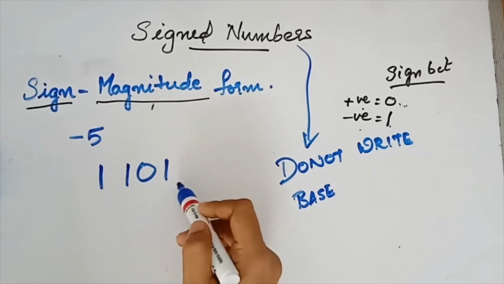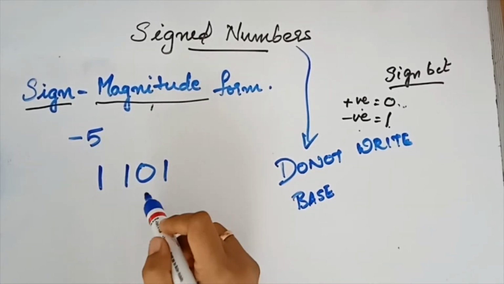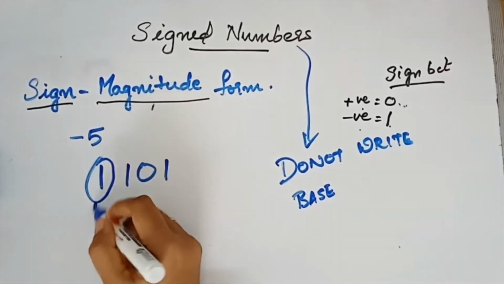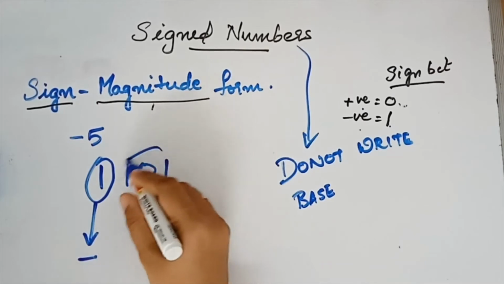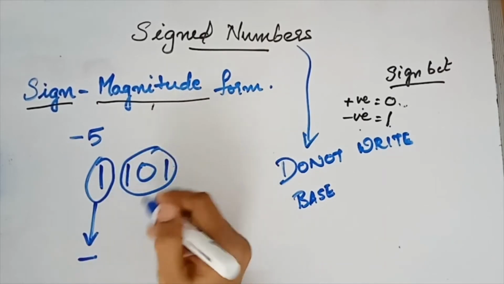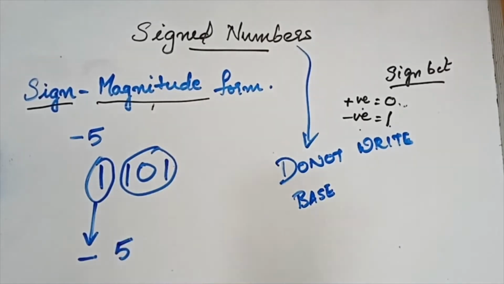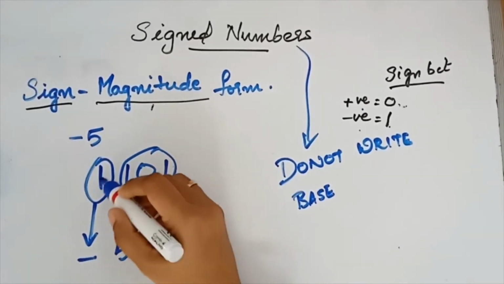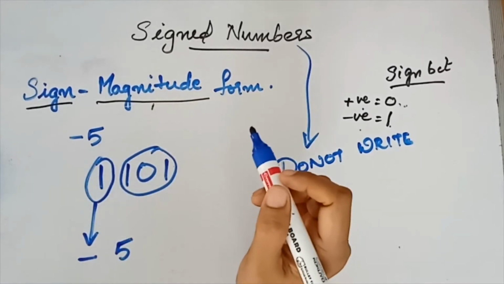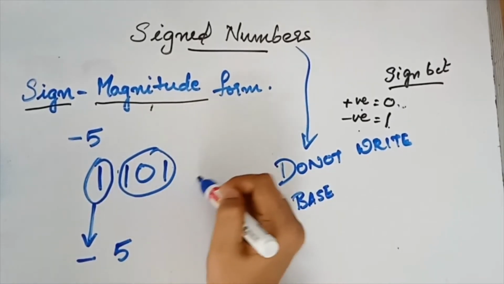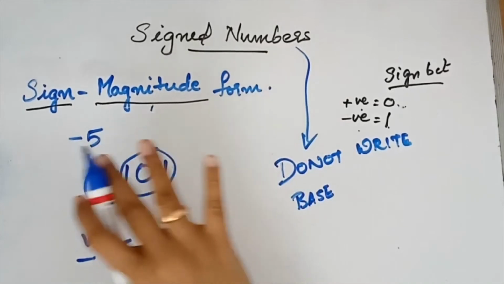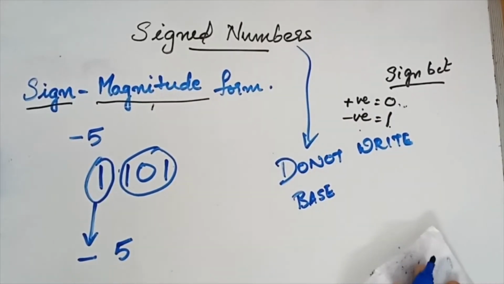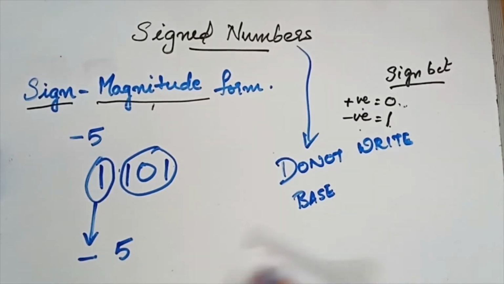But if you write it like this and say that this is in the sign magnitude form, then you know that the leftmost bit is the sign, so it is negative, and this is the magnitude, 101 is 5. The magnitude is in binary, and this is the sign. Do not write the base anywhere in the case of signed numbers. So that is one form of signed number representation.